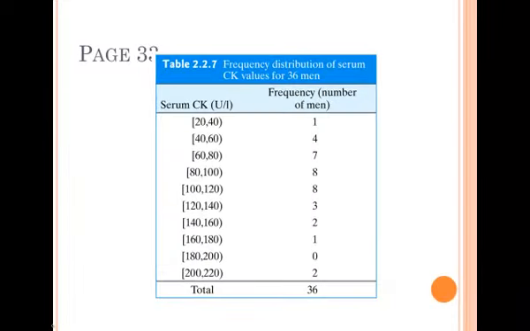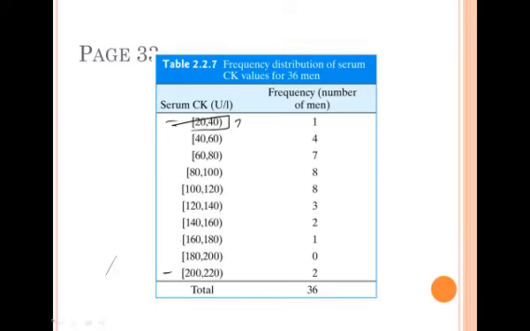So what they've done here is you can count 1, 2, 3, 4, 5, 6, 7, 8, 9, 10 classes. And what this interval means here is that it includes 20 but does not include 40.